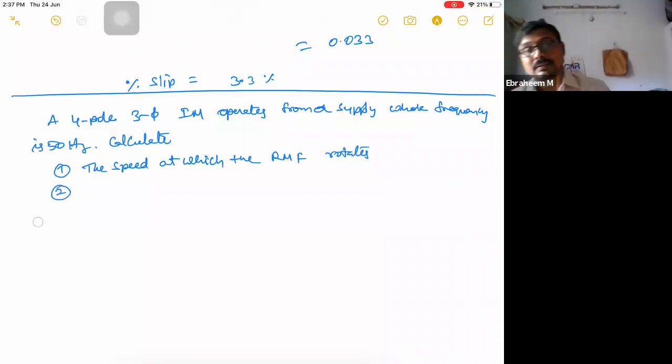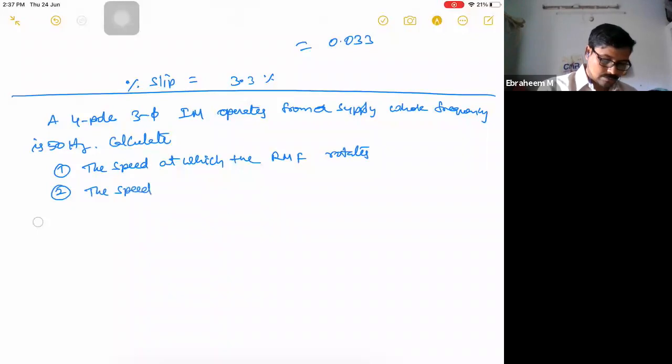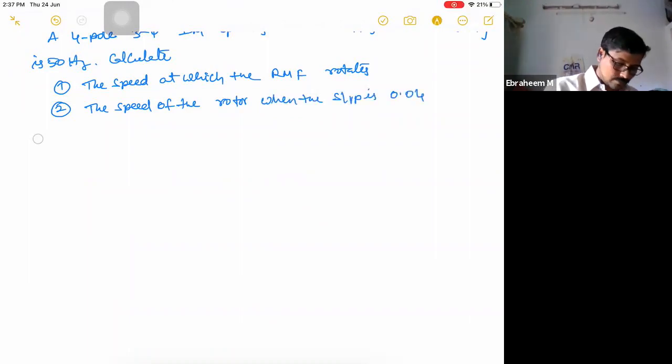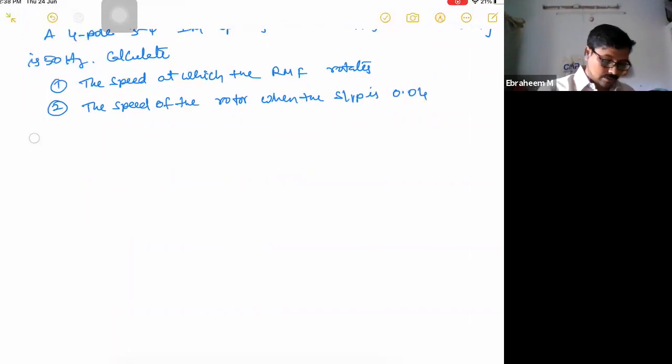Second, the speed of the rotor when the slip is 0.04. Third, the frequency of the rotor currents.